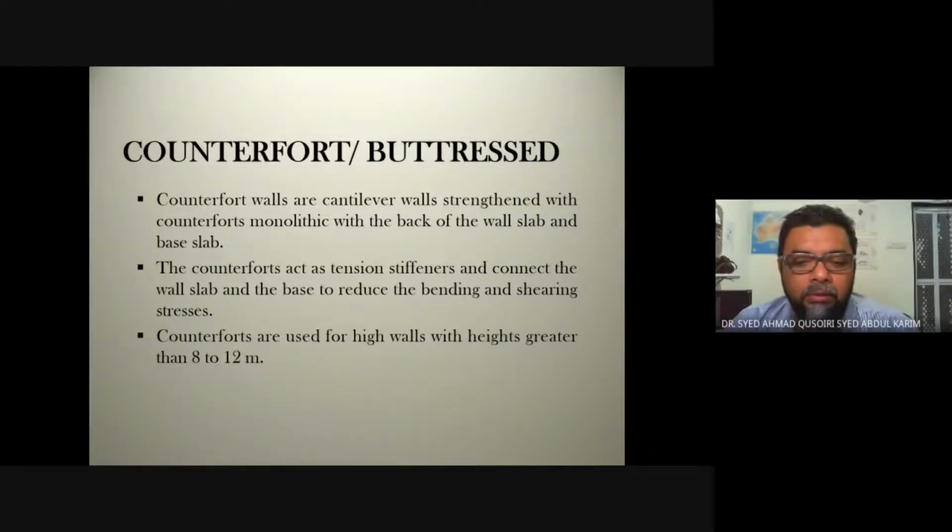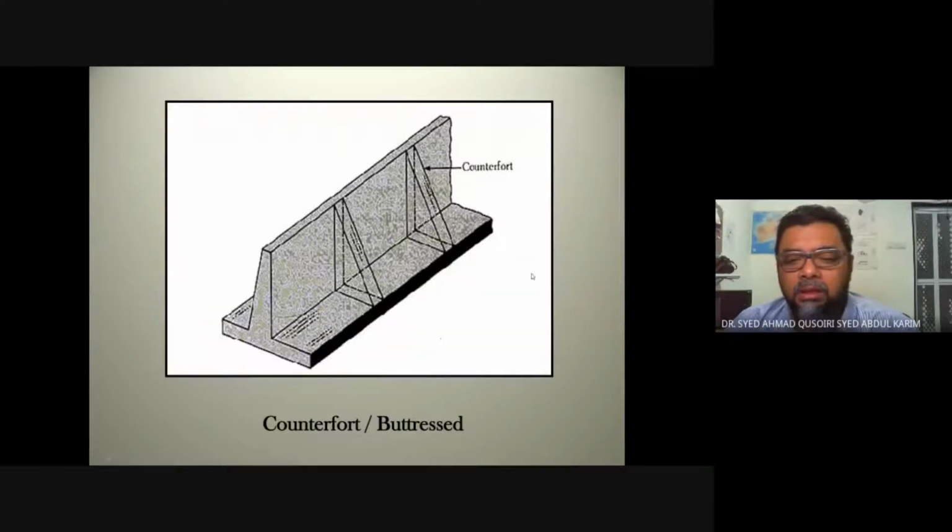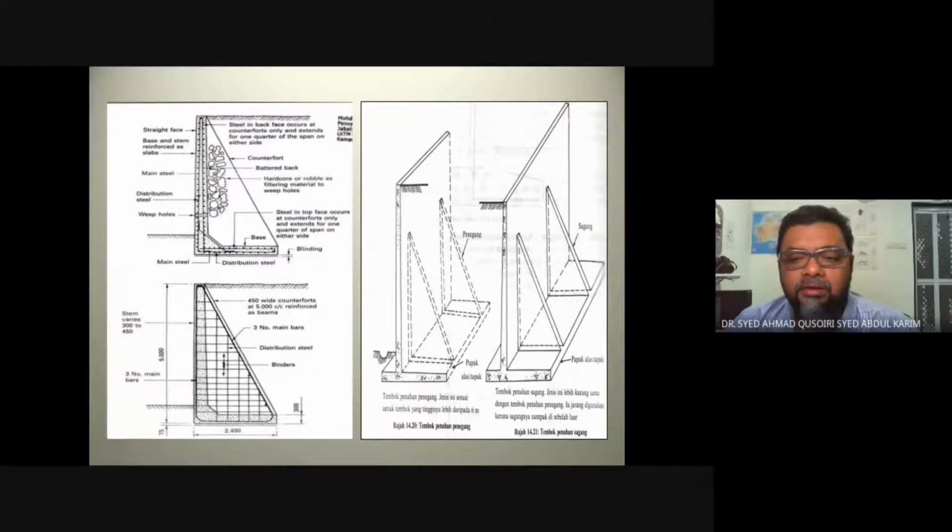The height is between 8 to 12 meters. So this is another example. Usually the counterfort is at the back of the wall, but sometimes it can be at the front.